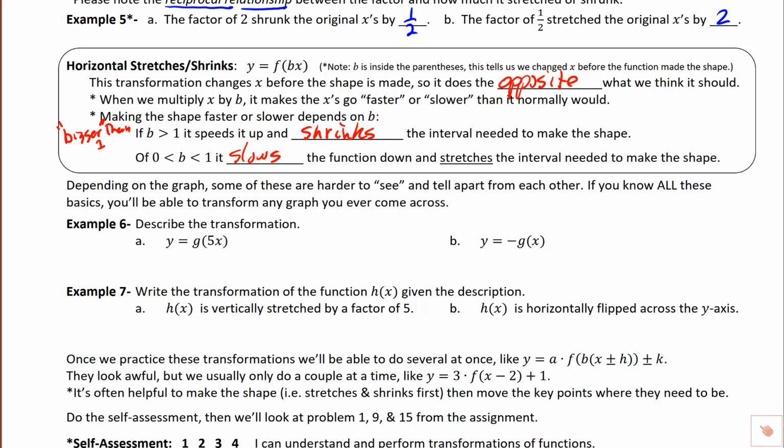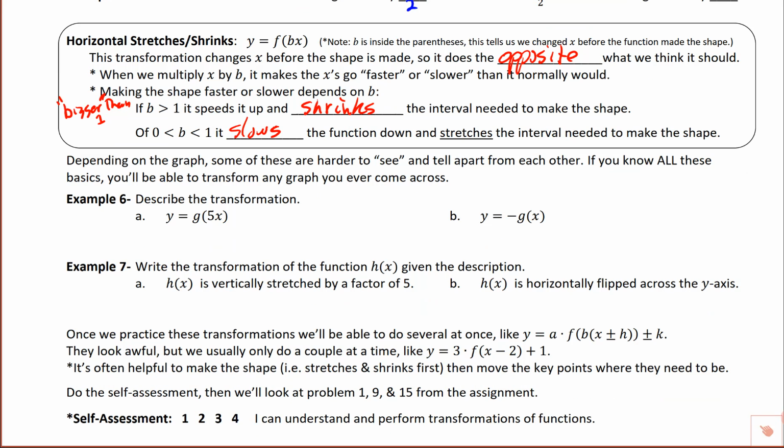So we've got a couple of examples left on the notes, and then we'll take a look at number 1, number 9, and number 15 from the assignment. On number 6, it says describe the transformation. Notice that this is inside the parentheses with the x. We've multiplied it by 5, so this is going to be a horizontal something. Normally if you multiply something by 5, you'd think that it gets bigger and stretches out. It doesn't.